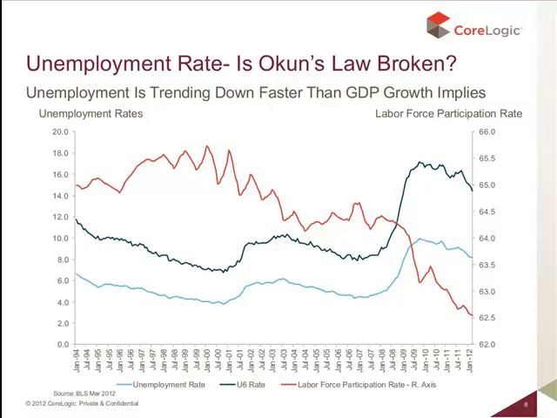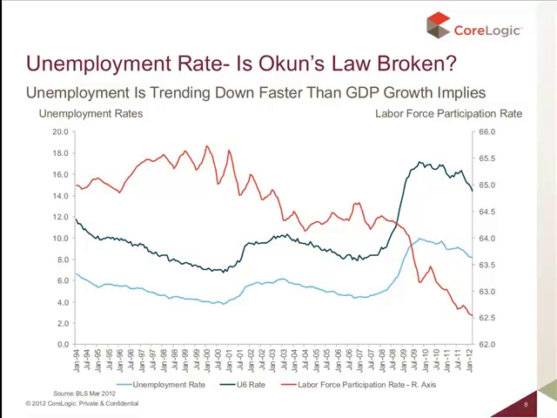Now, we've actually seen a roughly 1% reduction in the unemployment rate over the last year, but that's been in the context of only barely above-trend growth if you assume a 2.5% long-term trend, and certainly below-trend growth in 2011 if you assume the higher 3.25% trend rate.